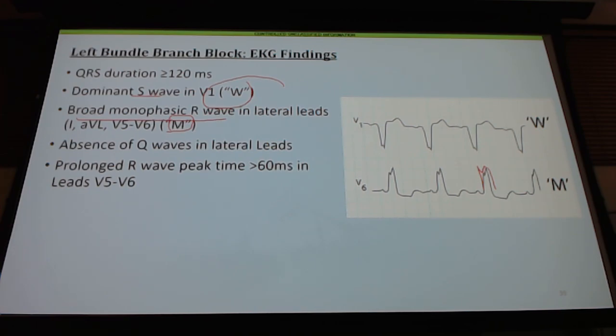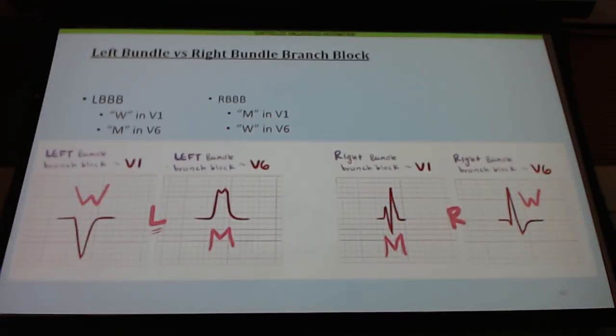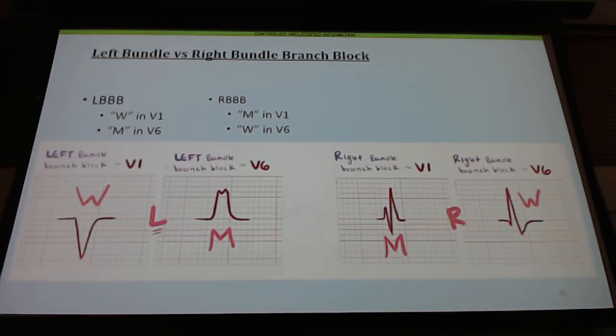And to kind of help you remember which goes where, use the mnemonic William Marrow, where I get a W wave in V1 in the left bundle branch block with an M in the V6.